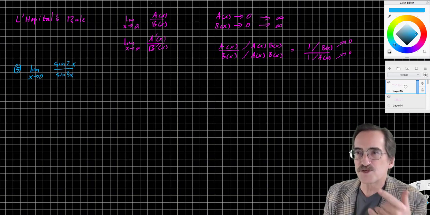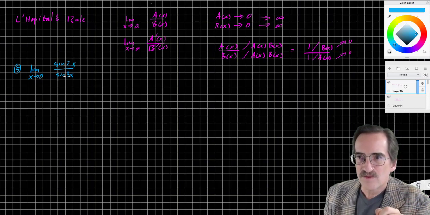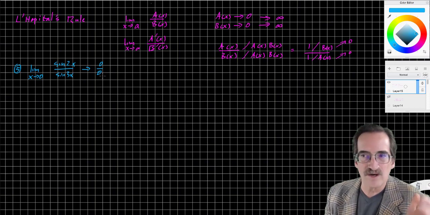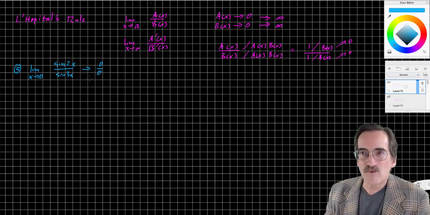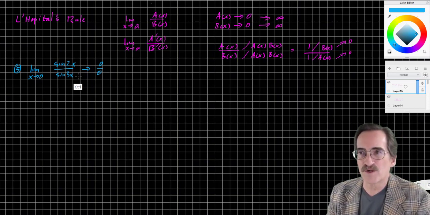Okay, so let's check it. As x approaches 0, this approaches 2 times 0, or 0, and sine of 0 is 0. 3 times 0 is 0, sine of 0 is 0. So this is going to 0 over 0, which is undefined, right? Well, we don't care what the value is at 0. We care what it is as it approaches 0.